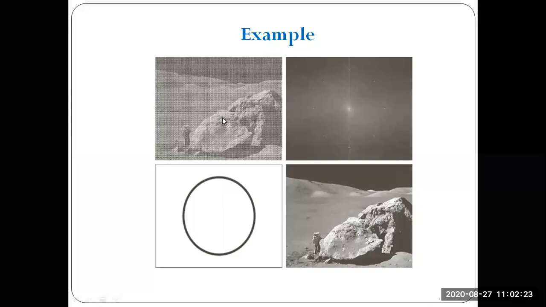This is my blurred image, an astronaut's image with satellites, but very blurred. By applying the Fourier transform and operations, the output image becomes this clear.